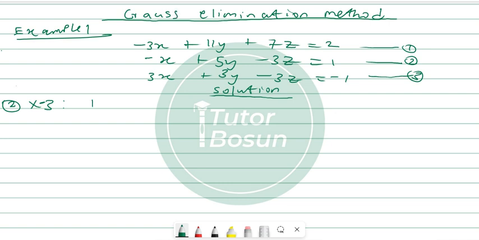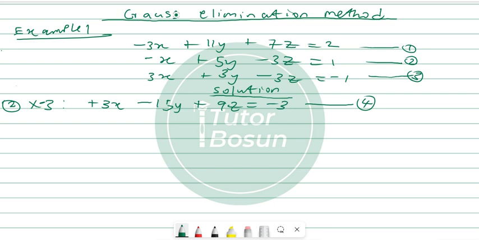You have plus 3x minus 15y plus 9z equals minus 3. So let's call this equation 4.